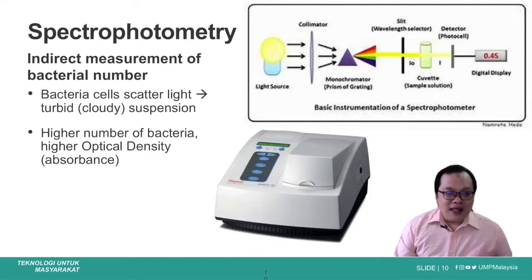A higher number of bacteria means higher optical density or absorbance, or more turbidity of the solution.